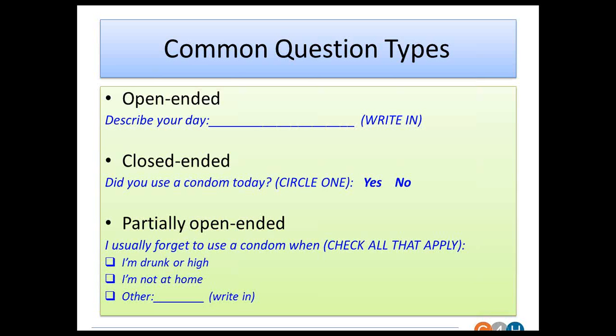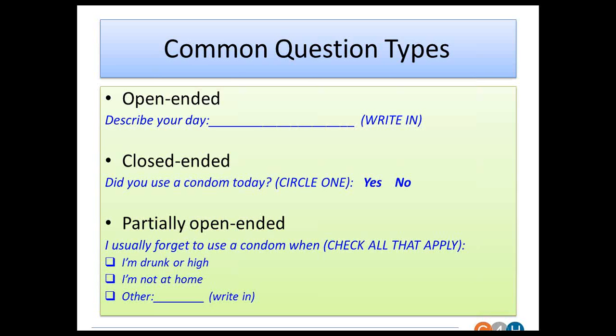Now let's talk about common question types. In general, open-ended questions allow a participant to write in their answer. When you want a richer, more detailed answer, you might want to ask an open-ended question. For example, the answer to this question, describe your day, could be something like, I woke up late, I was rushed, I cut myself shaving, then I missed my bus, yada, yada, yada.